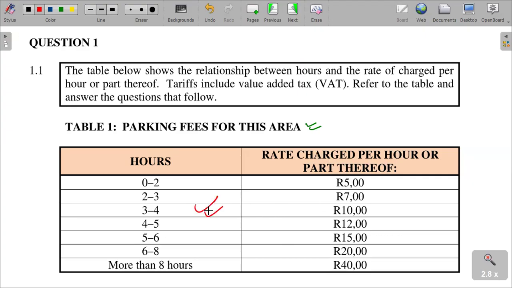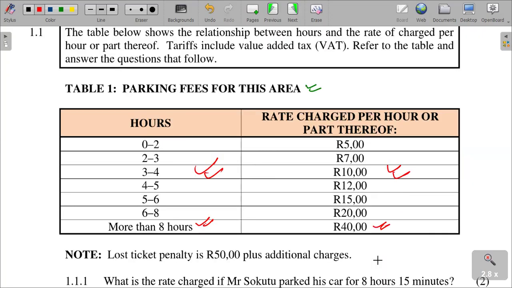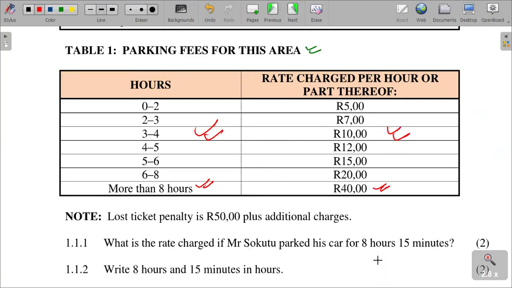We are given these hours and the rates. More than 8 hours is 40 rand. And then a lost ticket is 50 rand plus additional charges.